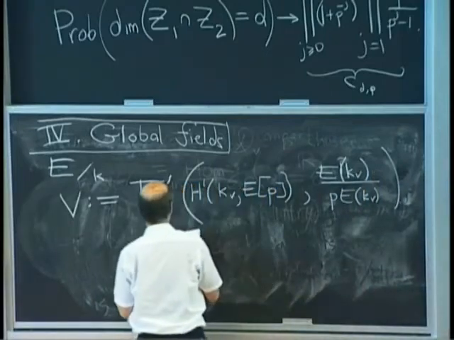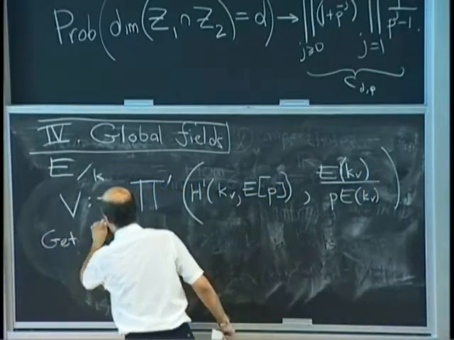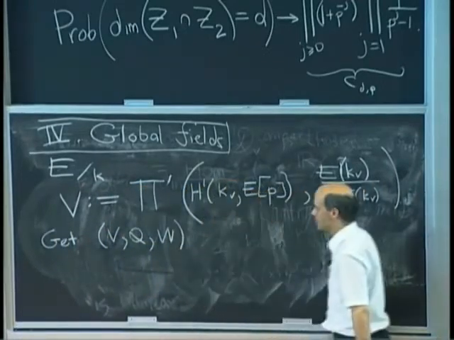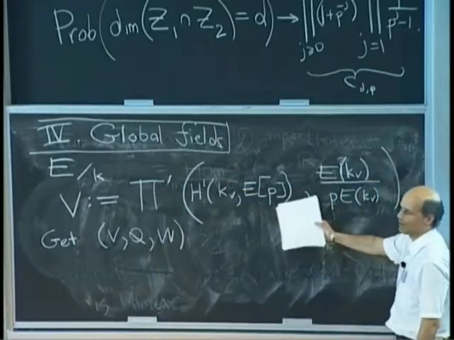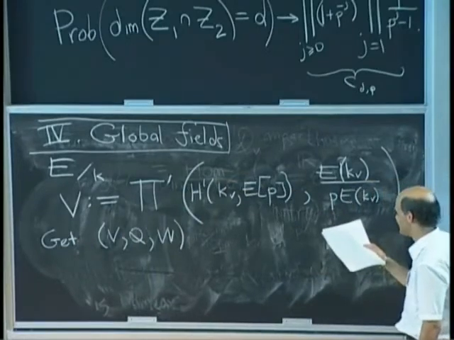From this construction, you get a quadratic form and a subspace. Now it's infinite dimensional, so you get a big space here.